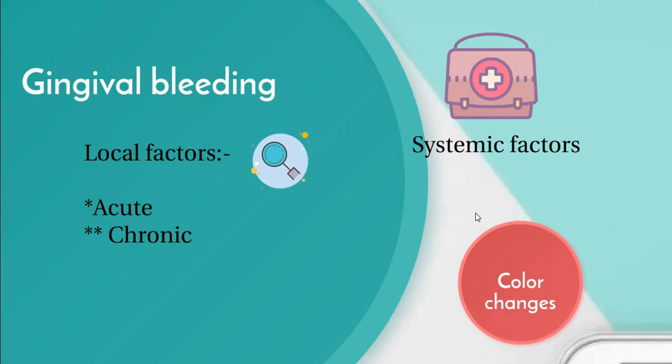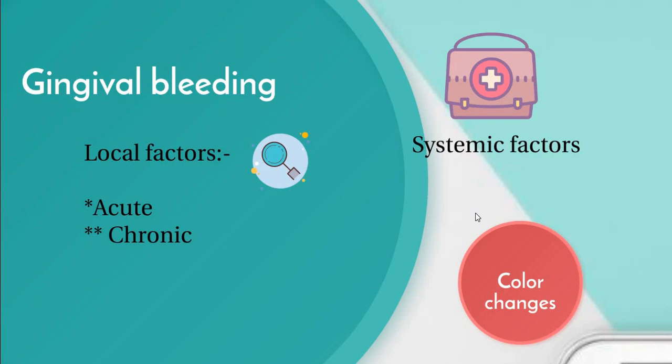The acute factors that cause bleeding includes injury that occurs spontaneously in acute gingivitis. So one of the factors in the acute one is caused by injury or occurs spontaneously in acute gingivitis.